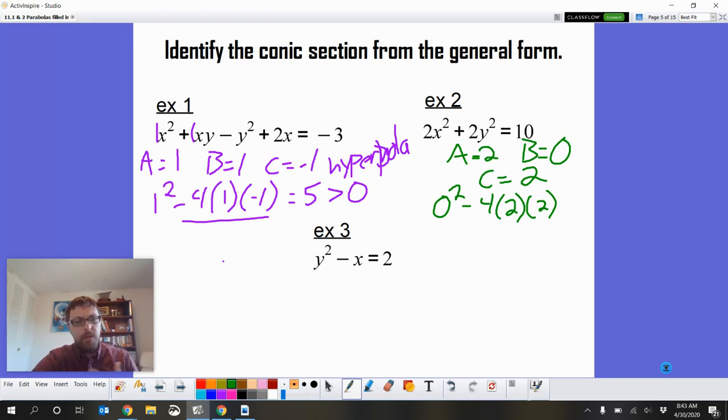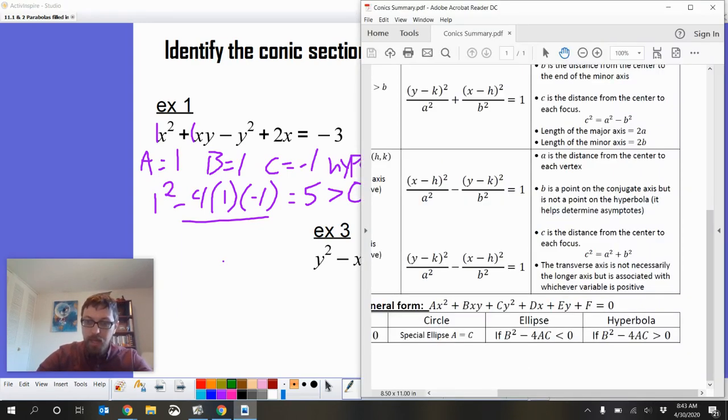We get 4 times 4, which taken from 0 is -8. -8 is less than 0. So which one is that going to be? If it is less than 0, it is an ellipse.